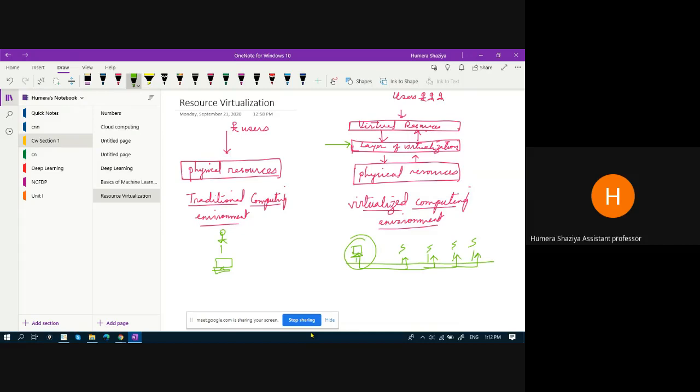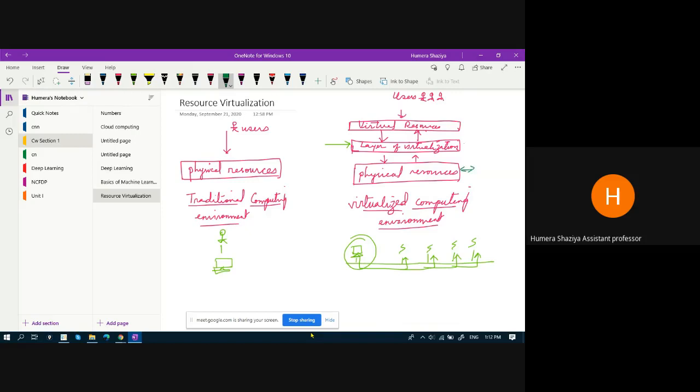Virtualization refers to the representation of physical computing resources in simulated form through software. These are the physical resources. These physical resources are simulated.